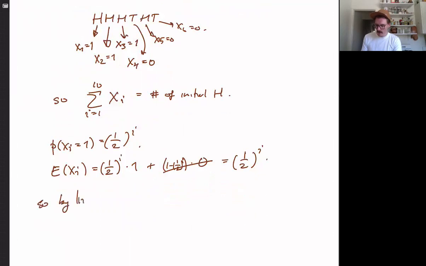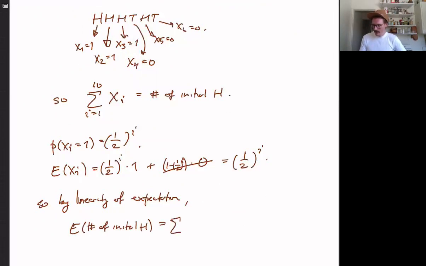By linearity of expectation, the expected number of initial heads is the sum from i equals 1 to 10 of the expected value of xi, which is the sum from i equals 1 to 10 of 1/2 to the i.